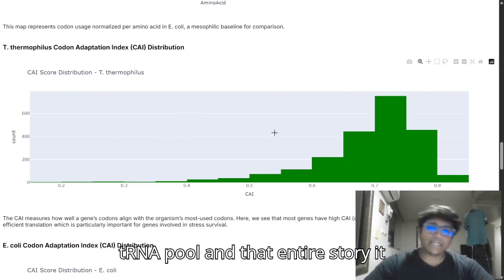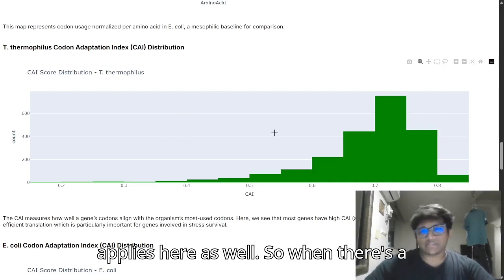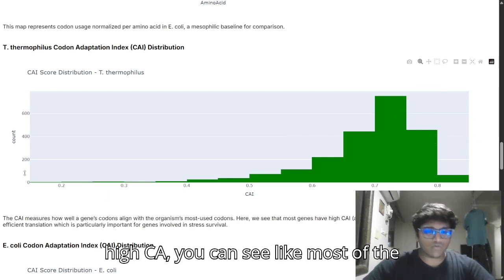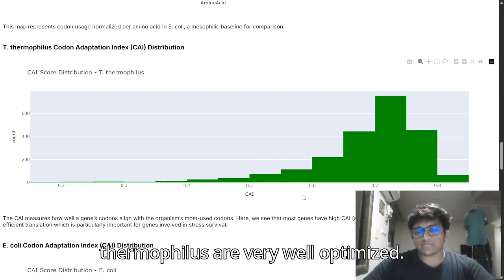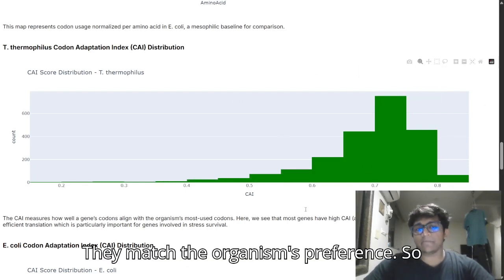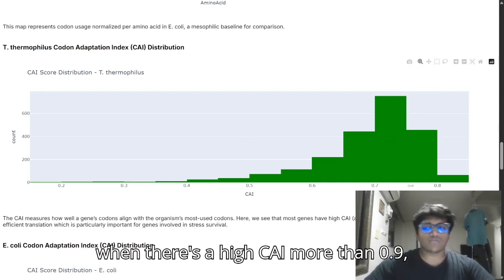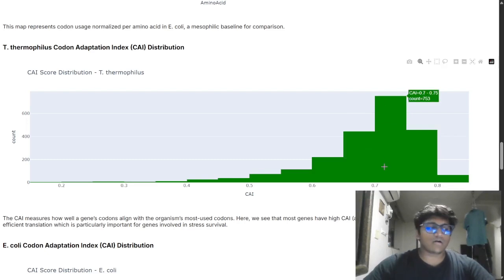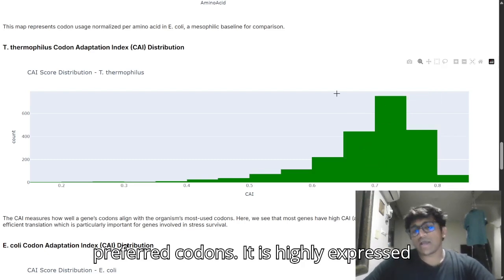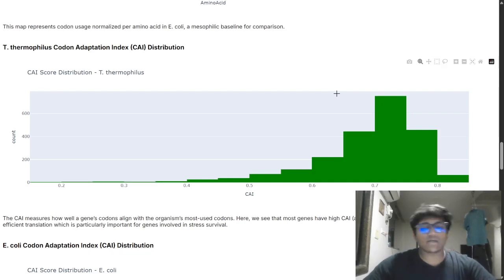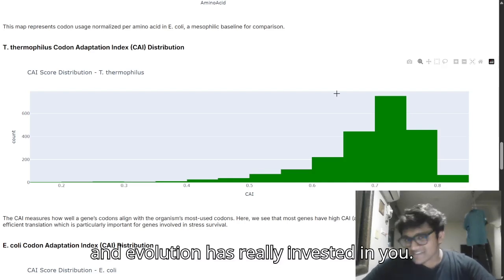Like I said, the tRNA pool and that entire story applies here as well. When there's a high CAI, you can see most of the genes in Thermophilus are very well optimized. They match the organism's preference. So when there's a high CAI, more than 0.9, it just means that the genome has preferred codons, it is highly expressed, and evolution has really invested in it.